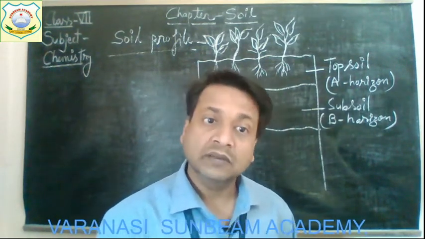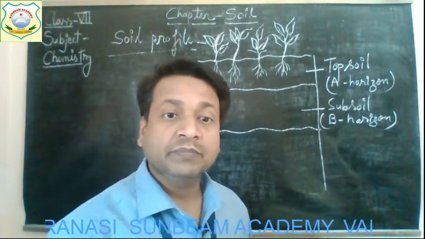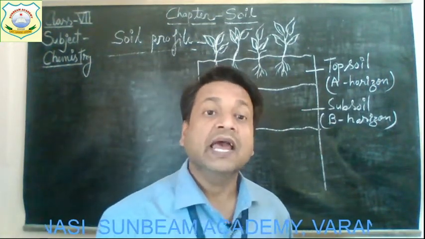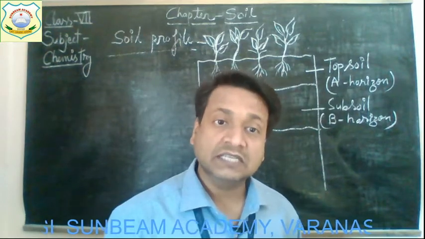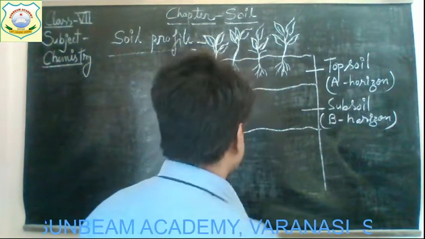This is horizon B. Now, after horizon B, the next horizon is known as horizon C or parent rock.